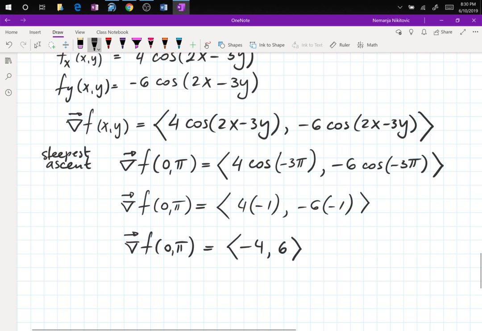If you are moving in this direction on the surface that is provided to you, this will be the steepest, hardest way to go up. And now descent is just going to be the negative of this, so you don't have to recompute anything, you just change the signs. So 4, negative 6 is going to be the fastest way down. So steepest ascent is this, and the steepest descent is this one.